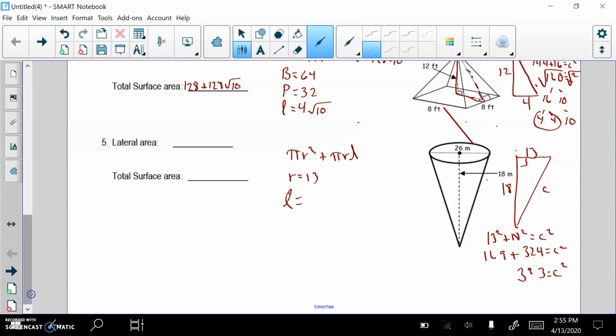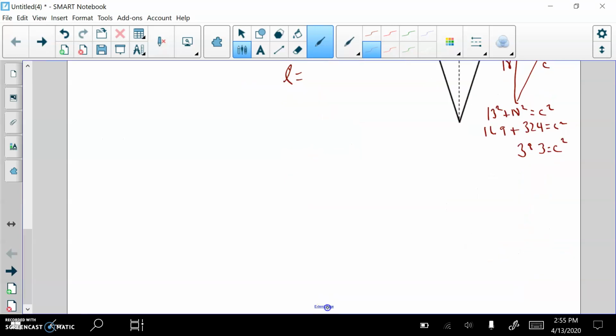Guys, you got to do it the right way. Let me double check that. I'm going to do 13 squared plus 18 squared in my calculator. 493. I thought something looked wrong with that. Of course, because 3 plus 1 is 4.